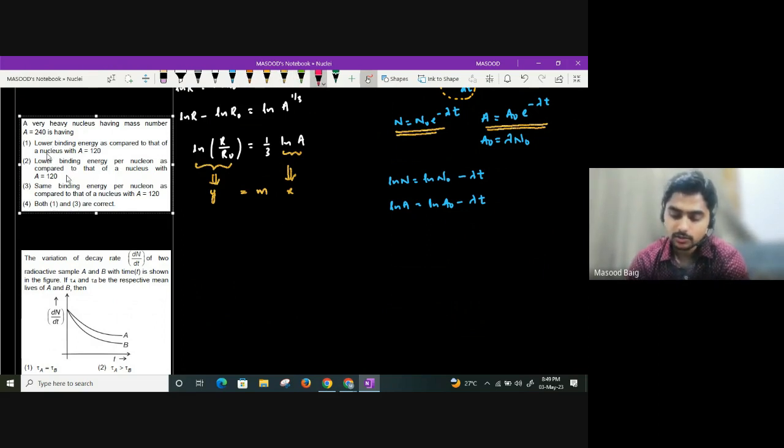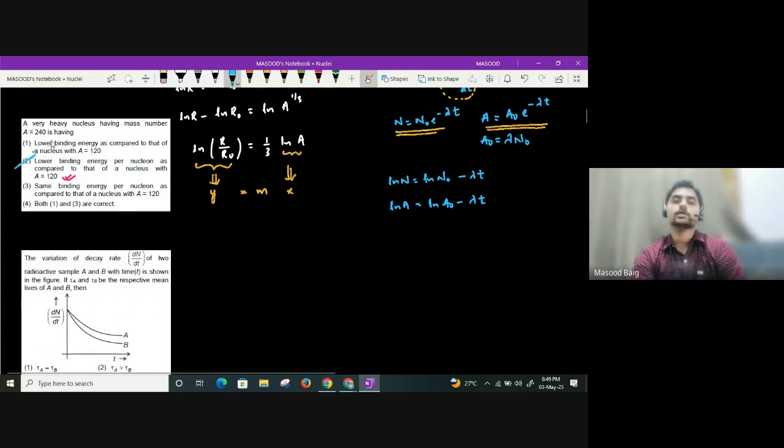It will have a lower binding energy per nucleon as compared to that of the nucleus of 120. Lower binding energy per nucleon will explain the stability, guys. A is 240 is a heavy nuclei. A is 120 is a middle mass nuclei. Middle mass nuclei usually will have higher value and constant values of binding energy per nucleon. Understood, all of you? Clear? Second one will be the correct statement.